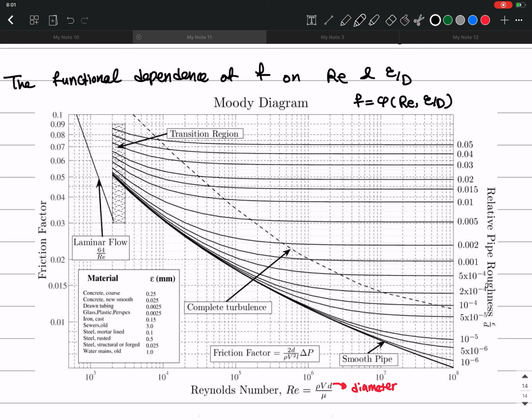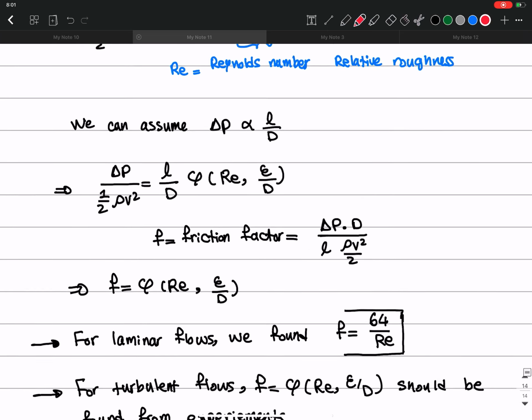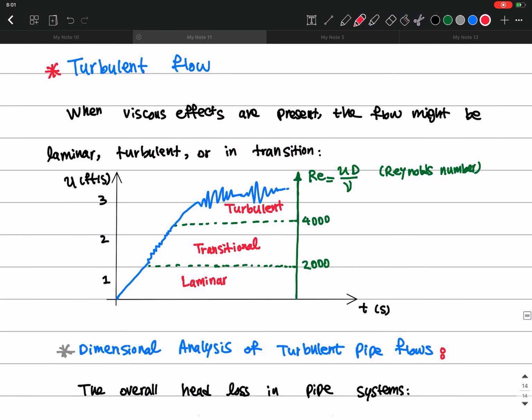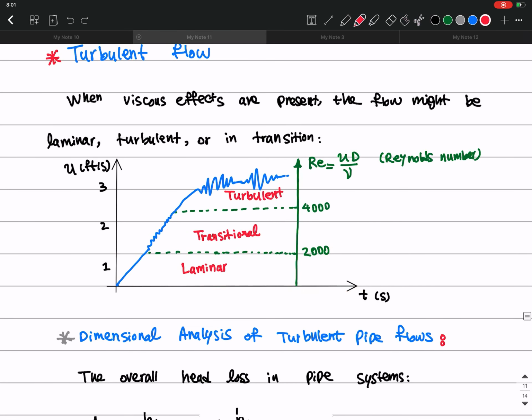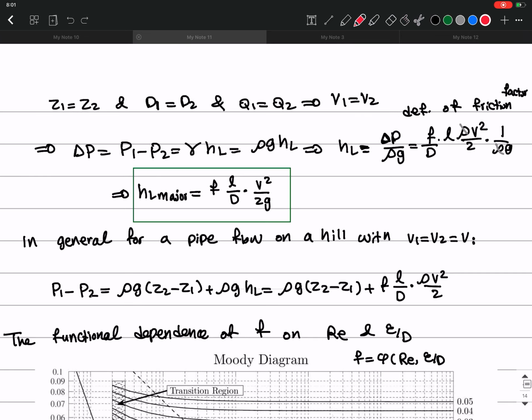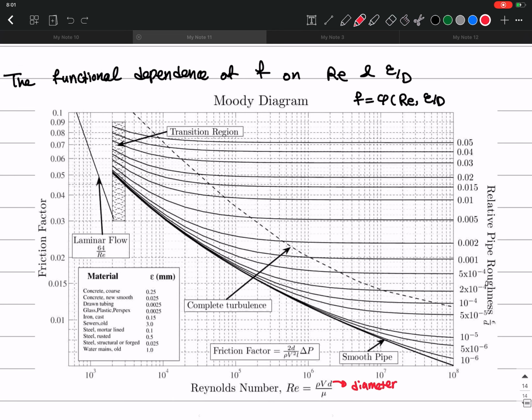For a laminar flow, it's pretty easy. We know that laminar flow occurs up to about Reynolds number 2000. So up to Reynolds number 2000 we have a laminar flow, and after that we have a transition, and for very high Reynolds numbers we have a turbulent flow, okay? If you go up to Reynolds number 2000, note that this axis is logarithmic, so you need to be careful about that.